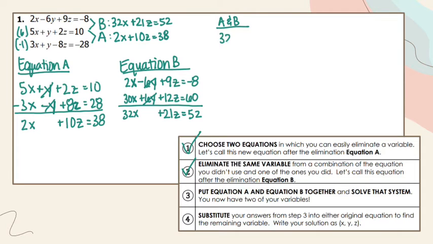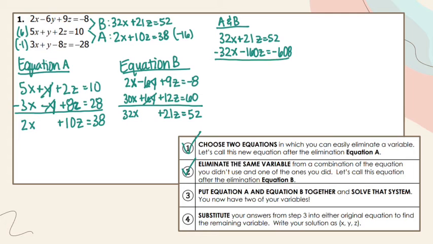So we've got 32x plus 21z equals 52. And then we want to multiply this by -16. So we'll get -32x minus 160z equals negative 608.